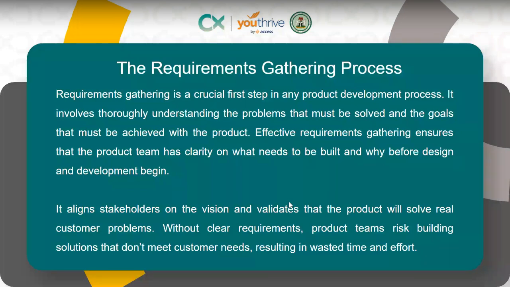Requirement gathering aligns stakeholders on the vision and validates that the product will solve a real customer problem. Without clear requirements, the product team risks building solutions that do not meet customer needs, resulting in a waste of time and effort.